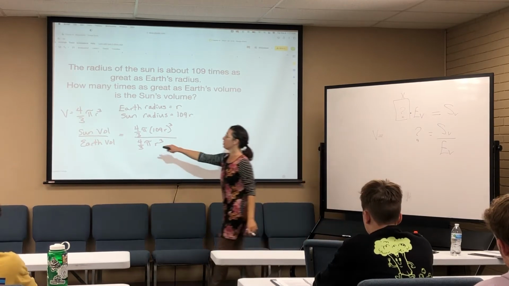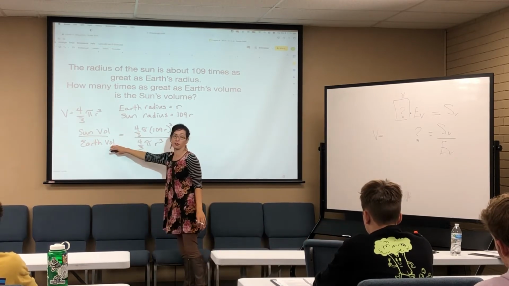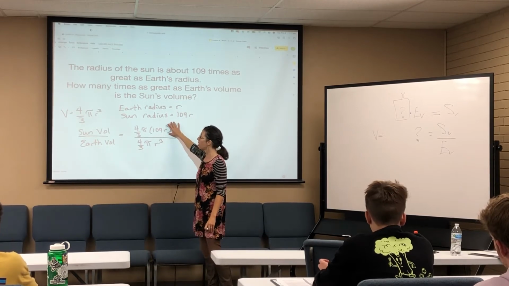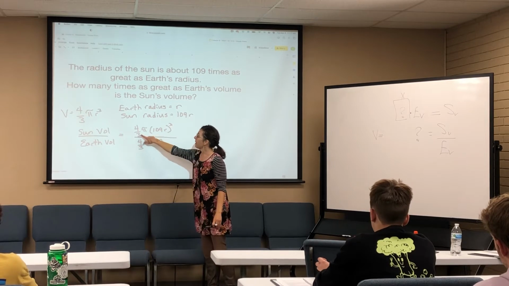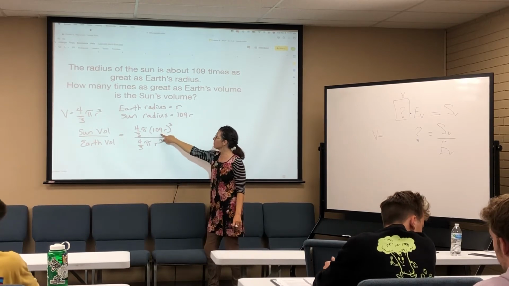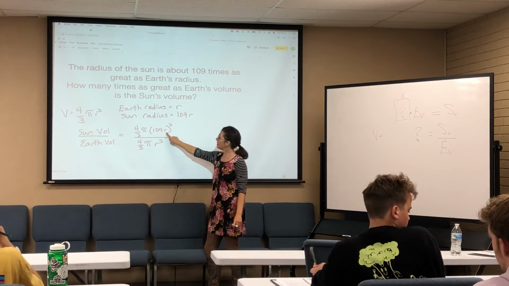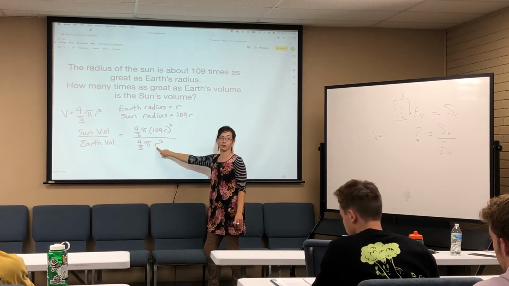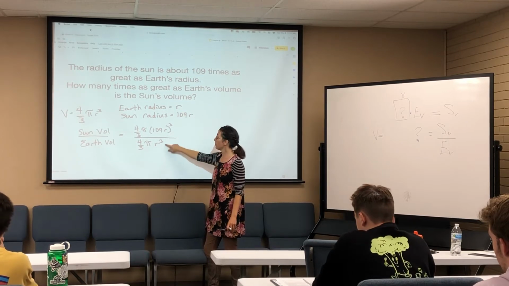Okay? Volume of the sun divided by volume of the Earth. So now we just plug in our equations, except that for the sun's radius we're now going to put in 109r, and Earth just stays the same. See where these steps go through?